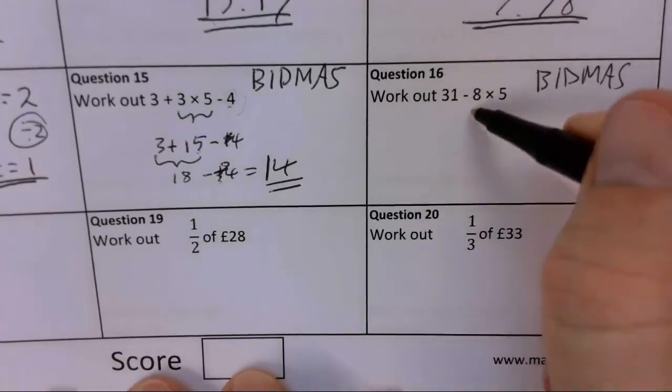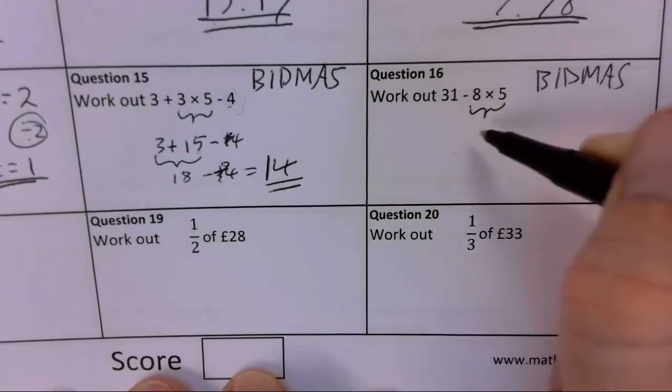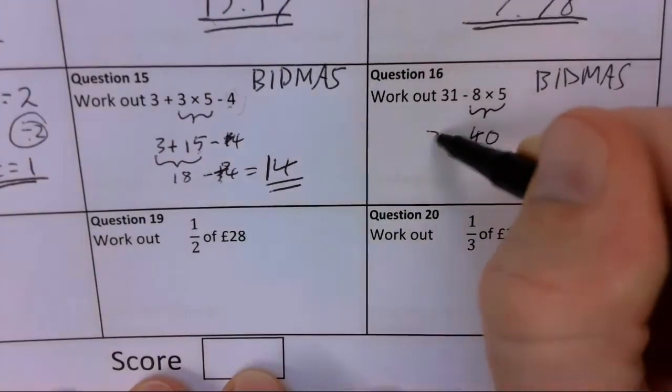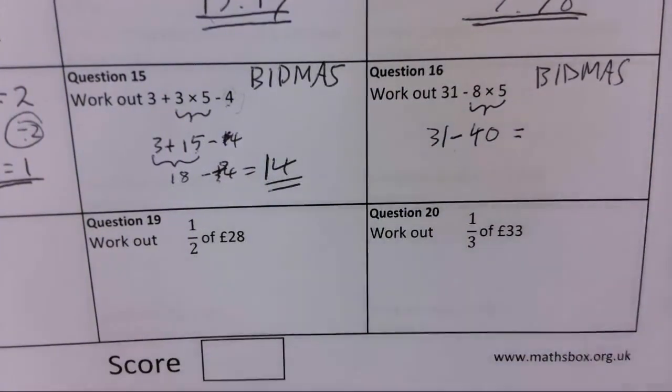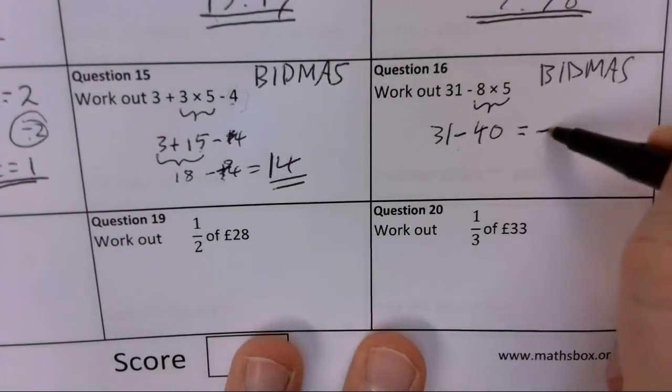Question 16. Again, I'm going to do the multiplication first. 8 times 5 is 40. Now be careful. A lot of people may give the answer 9 here. They're getting the subtraction the wrong way round. If you're starting on a lower number, taking away more, you're going to go down into the negatives. 40 take away 31 would be 9. 31 take away 40 would be minus 9.